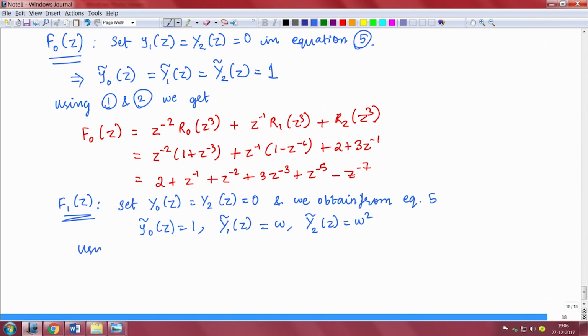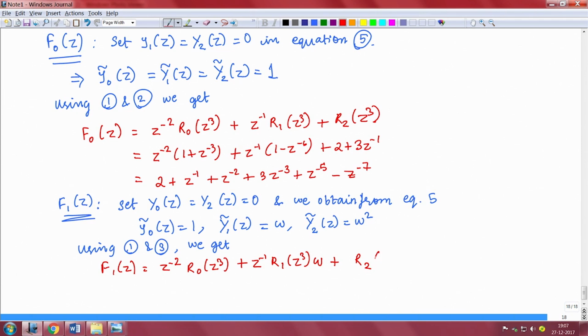So, again using 1 and 3 we get f1 of z equal to z power minus 2 r naught of z cube plus z inverse r1 of z cube into omega plus r2 of z cube into omega square.